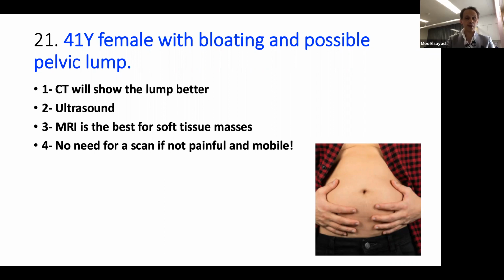The bloating always makes us think of cancer, because I see lots of patients coming with this symptom, just bloating and a bit of fullness, and then we find ovarian cancer. We can detect it with ultrasound, but the best is MRI. But I would always say start with ultrasound first.